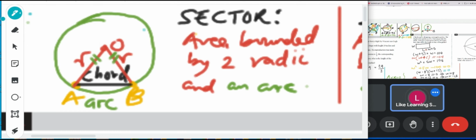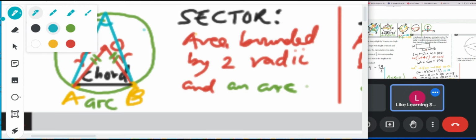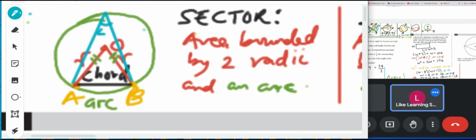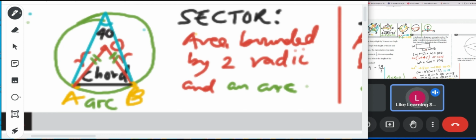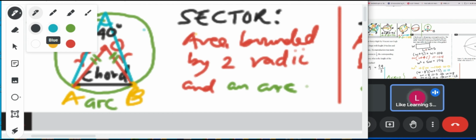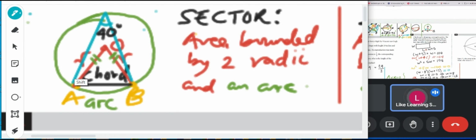If you have this, let's talk about this simple maths now. If this is 40 degrees, you have to zoom in very well to be able to see it. If this is 40 degrees, what's the angle? You're going to see something interesting here now.